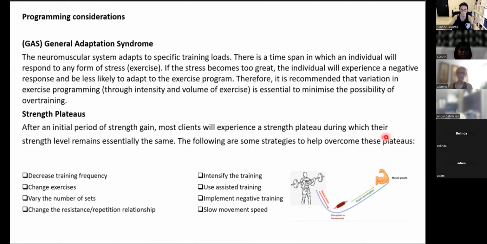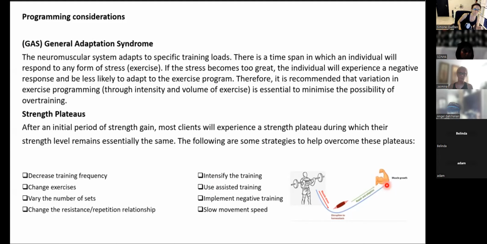This is what I mentioned before. When you put stress on your muscle, it disrupts the homeostasis, okay? And then you need the recovery and repair, and that is where your muscle will grow, okay?